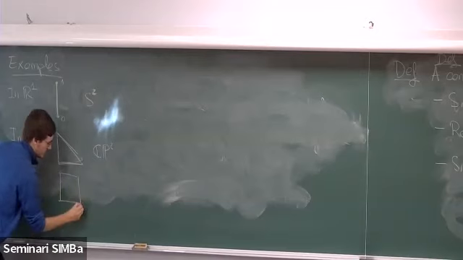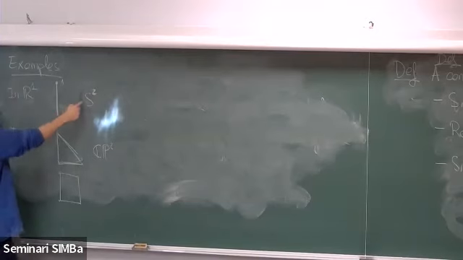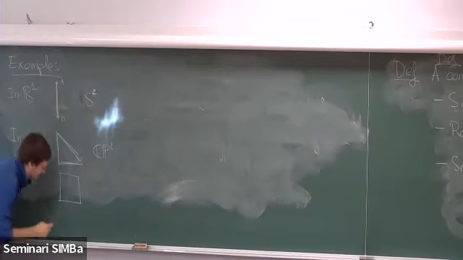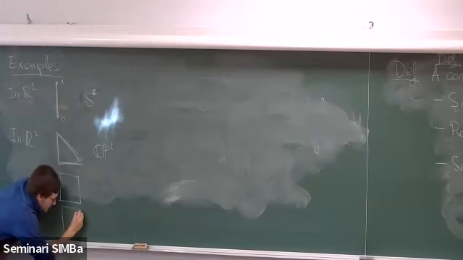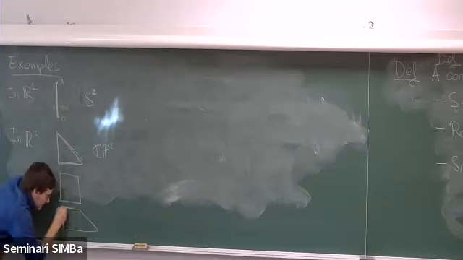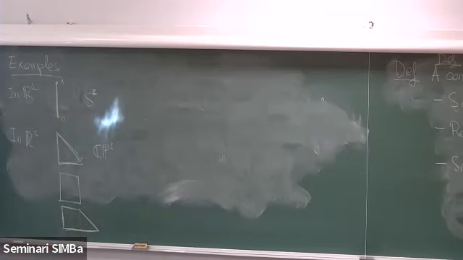And what's the square? The square is S2 times S2. And we can have more complicated things that are called Hirzebruch surfaces. For instance, this one. This is an isosceles triangle, and this is a square. But the polytope will be this one. This is also a proper polytope.